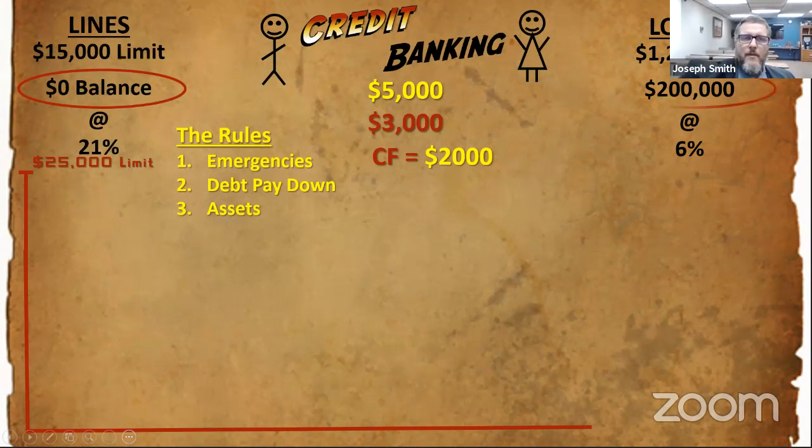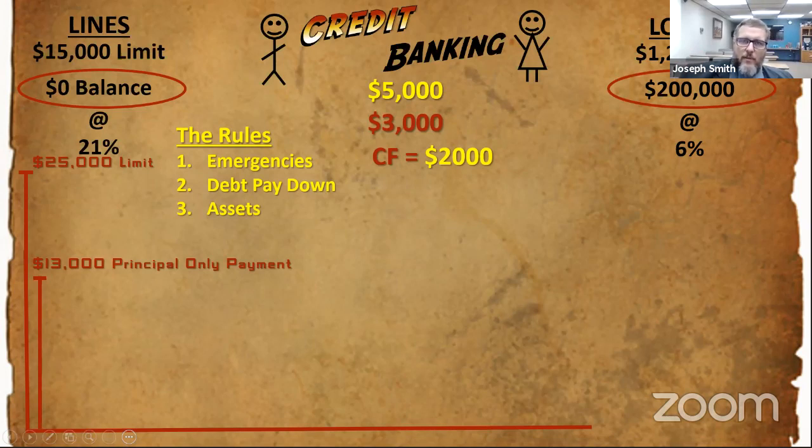Okay. So we have right now no emergencies, but we still have $200,000 in this loan that needs to be paid off, this home mortgage. So what we're going to do is we're going to take $13,000 as a principal only payment. All right, principal only. So what does that mean?